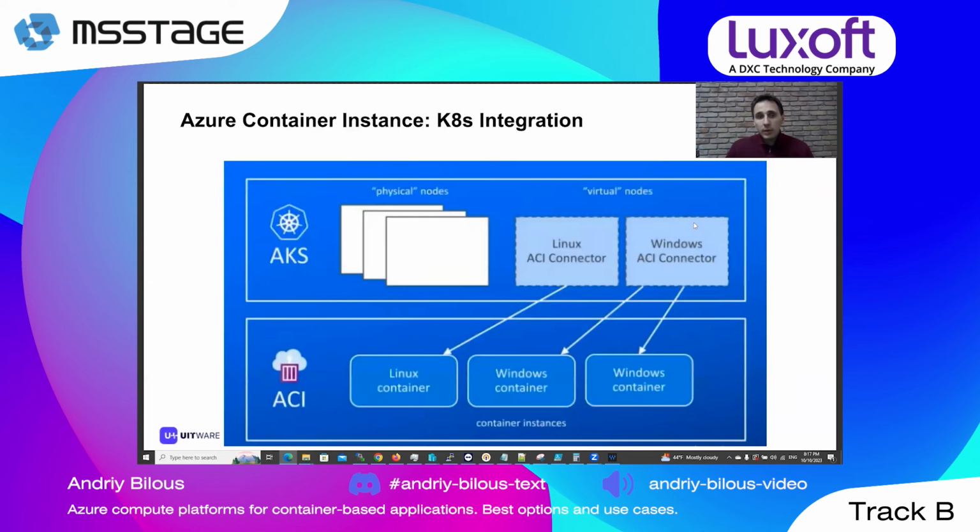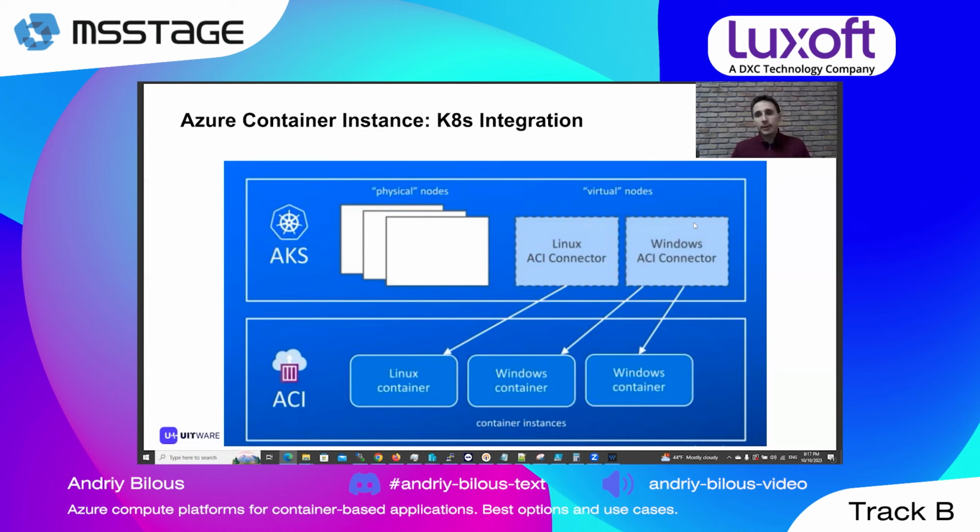and they can communicate between each other. So another thing is the Azure Container Instances. Why we need to integrate it? For example, we have Kubernetes, and we have some workloads there. But in our application, sometimes we have spikes.